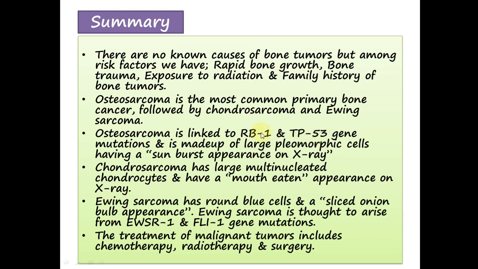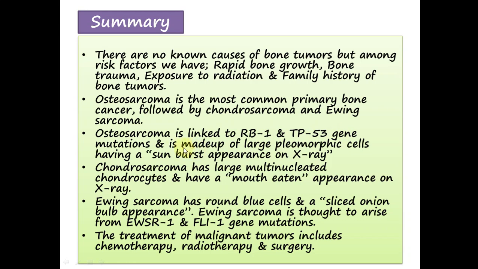For example, the RB1 is shared with the familial retinoblastoma, which is a childhood tumor of the eye, and TP53 is shared with the Li-Fraumeni syndrome, in which there are varieties of tumors throughout the body.